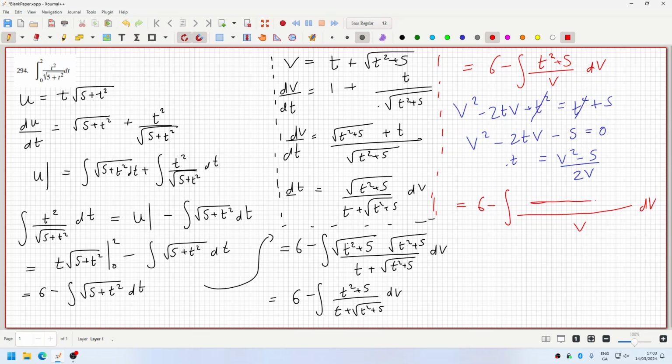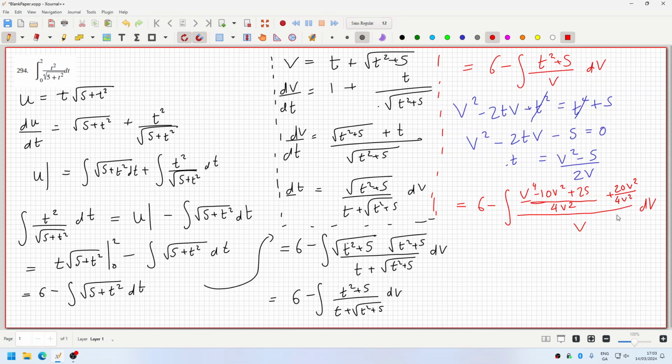So that's v power 4 minus 10v squared plus 25 over 4v squared, plus 5. So I could change this to 20v squared over 4v squared.